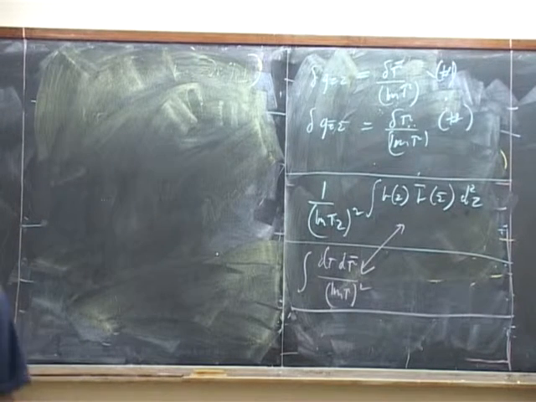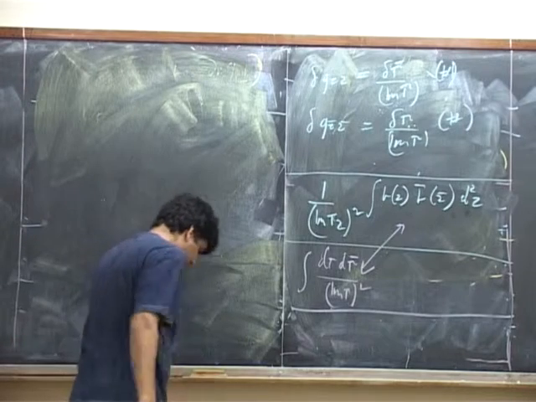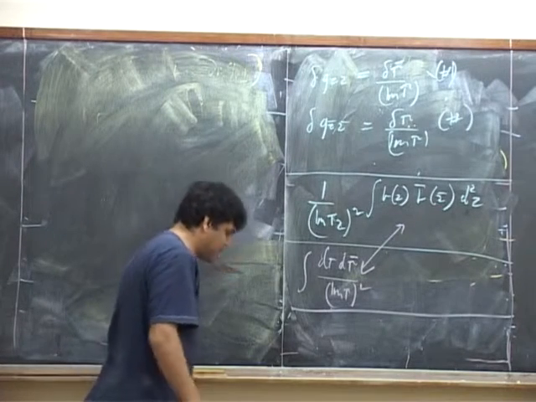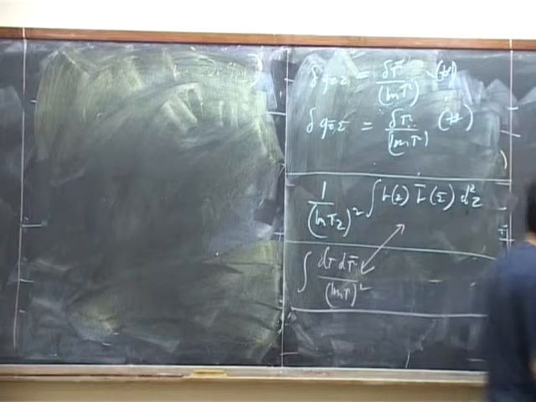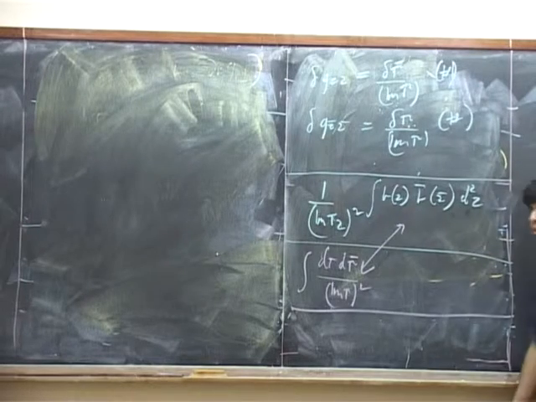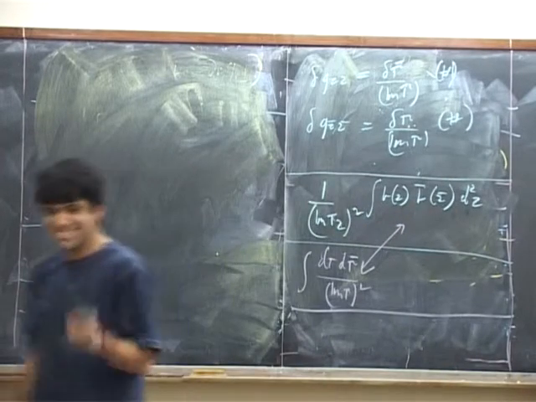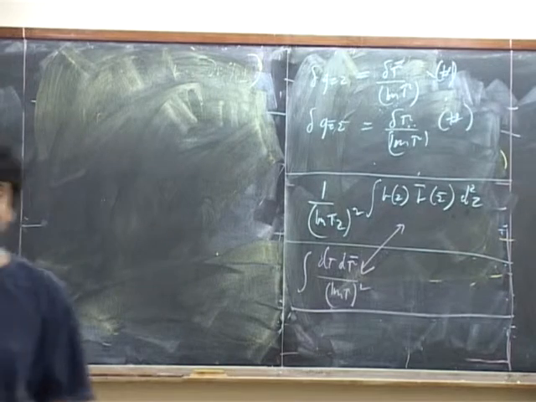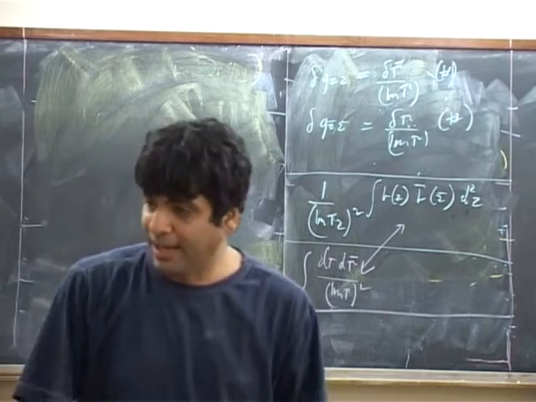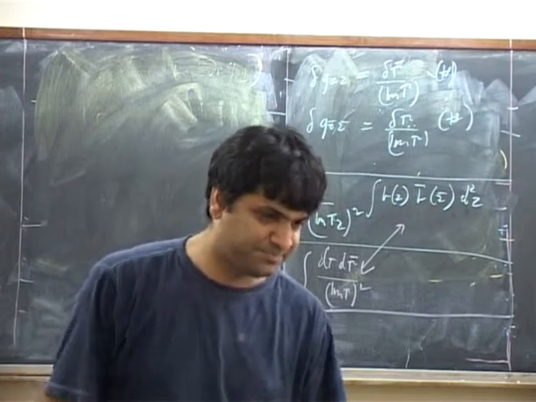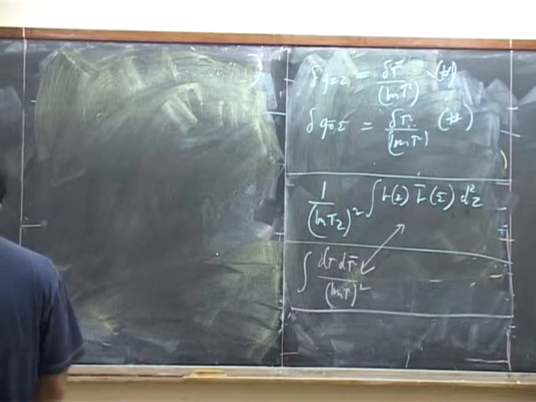Now let's move on to the next set of insertions. Okay, so the next set of insertions: we need to put one vertex operator with a C and another vertex operator with a C tilde and have this fixed. Okay.